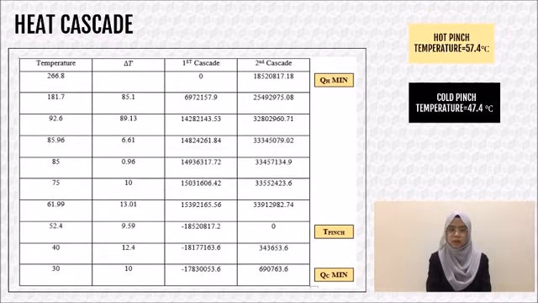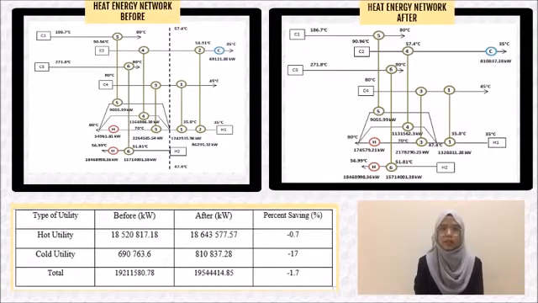The minimum requirement of hot and cold utility is 18 million kilowatt and 690,000 kilowatt. Trial and error calculation is made until we obtain the minimum requirement for hot and cold utility, same as in the heat cascade diagram.